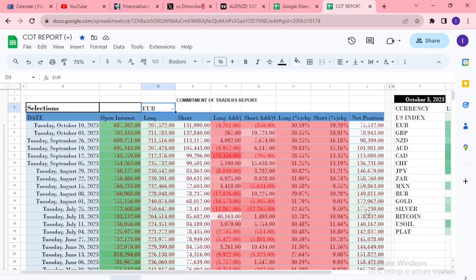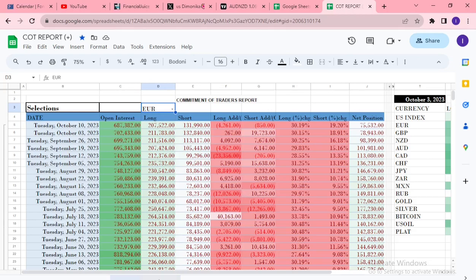You can see the net position of the buying and selling contracts is dropping, from 172,000 to 75,000. That's a massive drop in the euro. It shows they are moving to the short side.